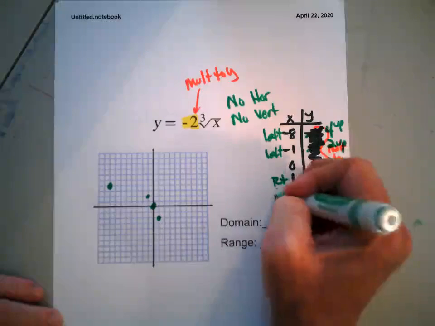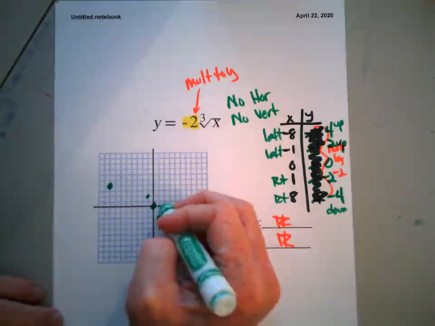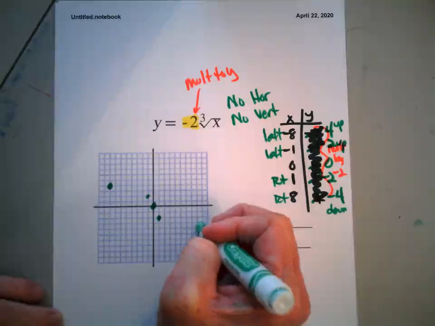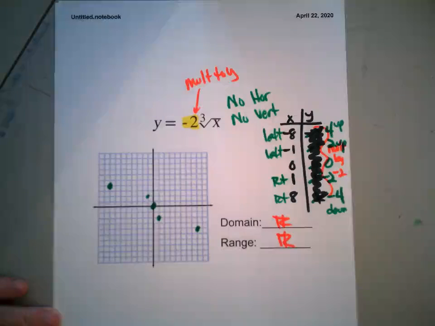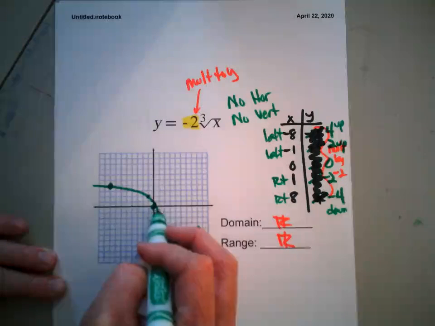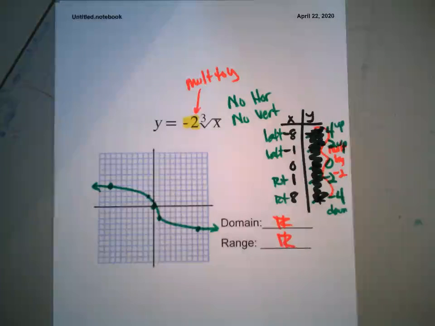And then we're going to go right 8, down 4. 1, 2, 3, 4, 5, 6, 7, 8. 1, 2, 3, 4. So it's a little bit taller of a graph, and it's changed directions because of the negative in front of the 2. So this had an x-axis reflection to it.